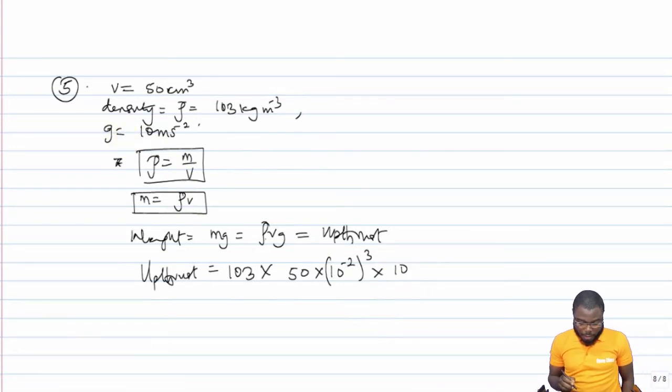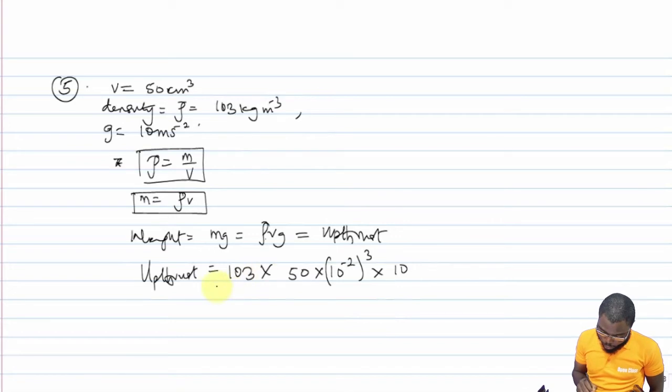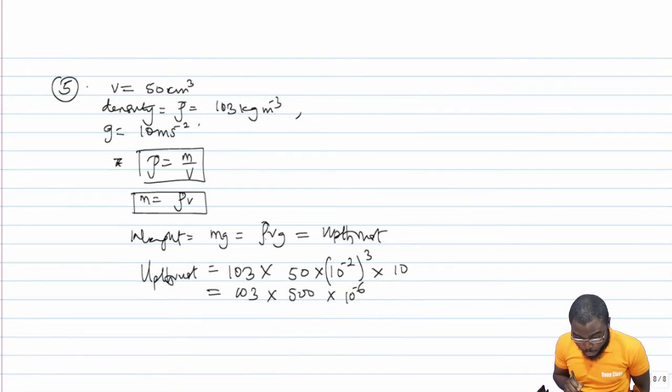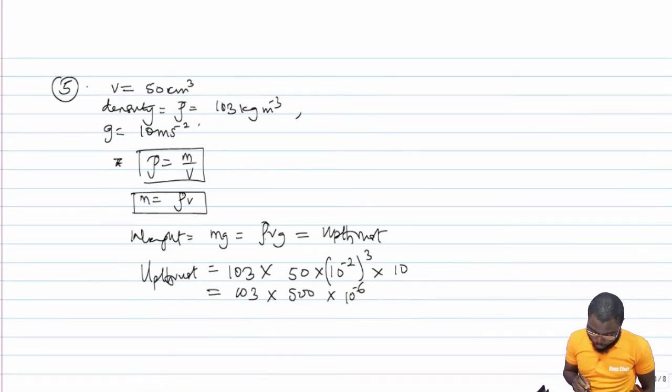If you do this, you would see that this equals 10^3 times 500 times 10 raised to the power minus 6. So this would give you 0.5. 5 times 10^3, that's what you have. 5 times 100 is 500.